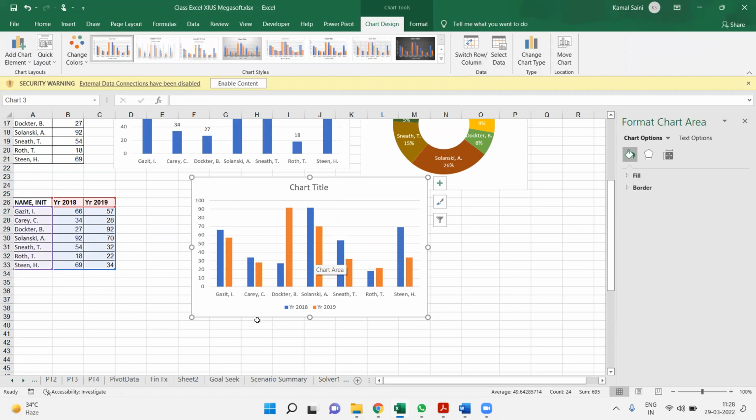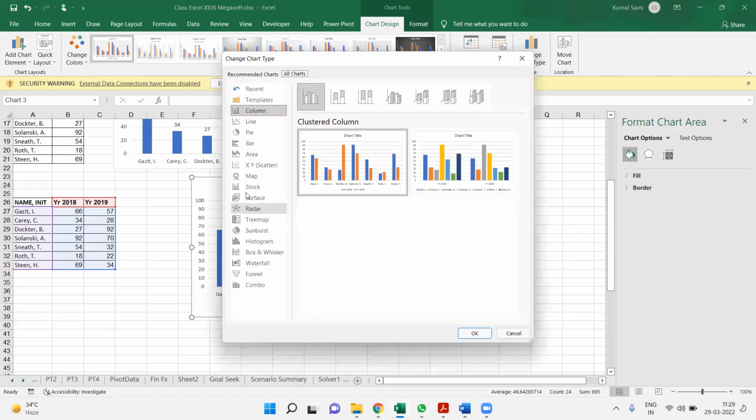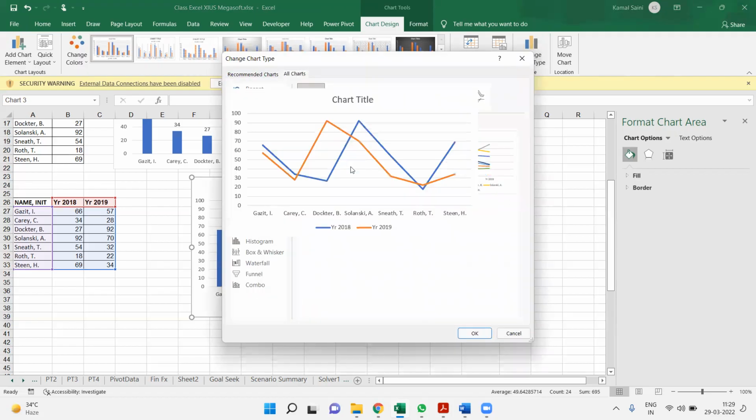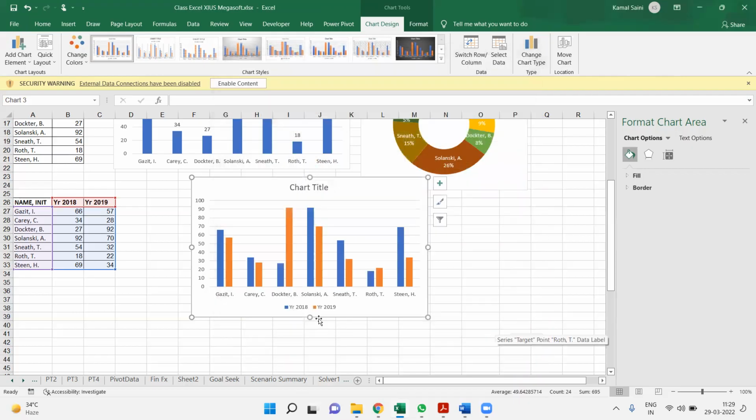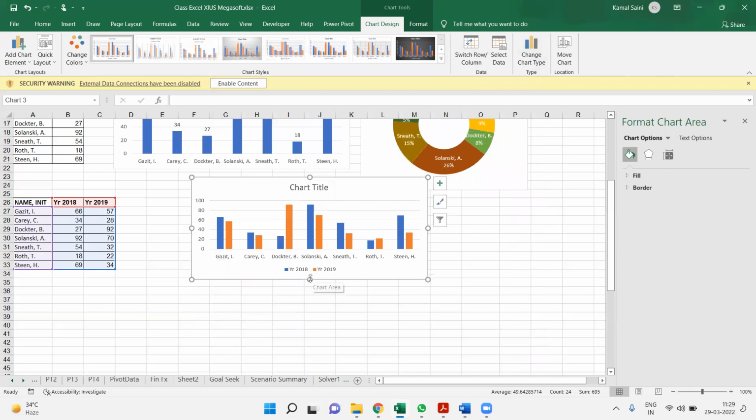Side by side, if you want to compare the performance for each year, you can create this kind of a chart. You could also have a different version of chart, that is a line chart for this. So you can go for a column or a line depending on the number of data points.